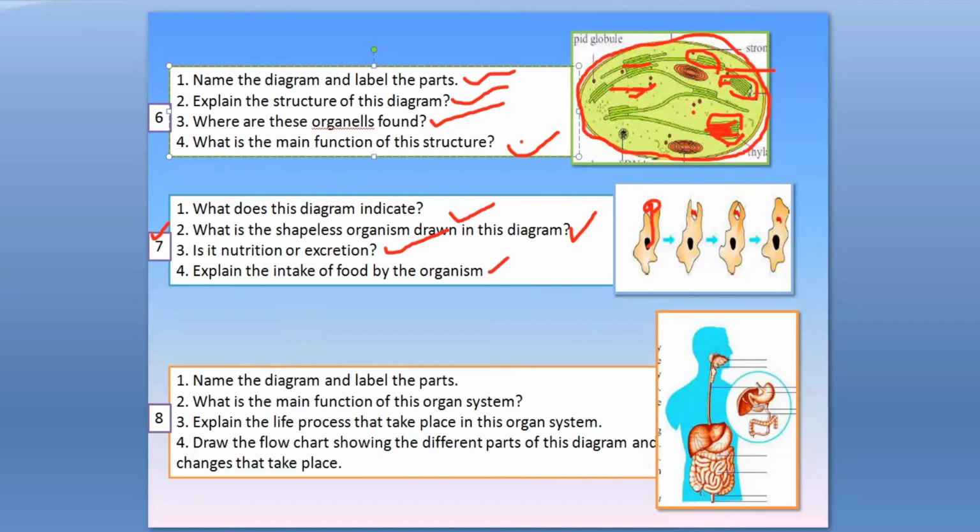Next, the eighth one: name the diagram and label the parts. The main important thing of this diagram is the human digestive system.